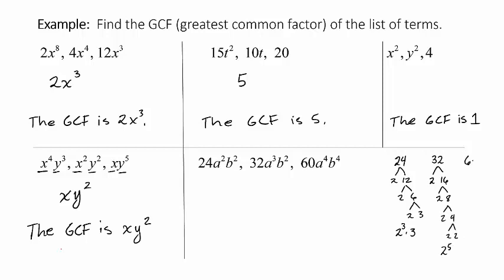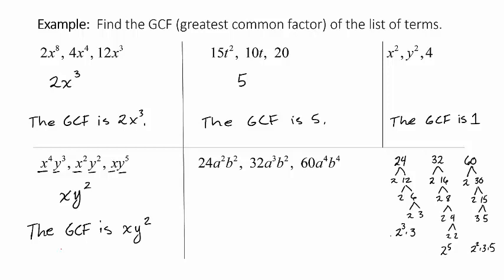And then 60, we've got 2 times 30. 30 is 2 times 15. 15 is 3 times 5. Okay, so we're going to have 2 squared times 3 times 5. Okay, so when you're looking at the GCF of all of those, all of them contain a 2, right?